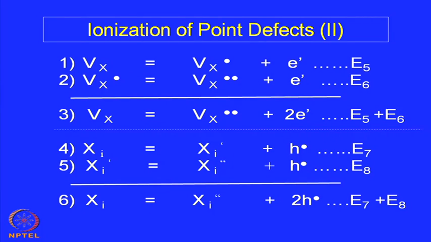So, that was your metal sublattice, and here the oxygen sublattice. The oxygen defects can also get ionized in this manner, either they will release some electrons or holes. If you go through these things, it is quite clear. So, instead of both ionizations taking place simultaneously, they will normally take place one after the other, and each of them will involve a certain amount of energy, either release of energy or acceptance of energy.